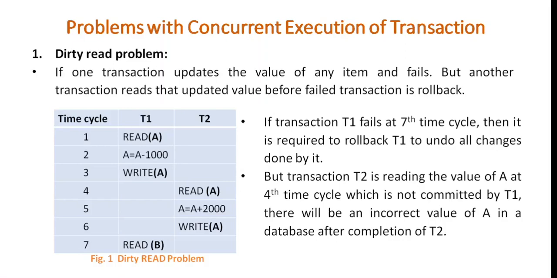In the dirty read problem, two transactions are running simultaneously in a system, one transaction updates some value and then fails, and the second transaction reads the value of the item which was updated by the failed transaction. So this is called the dirty read problem.